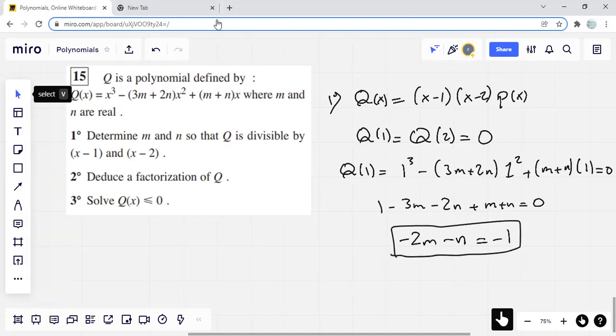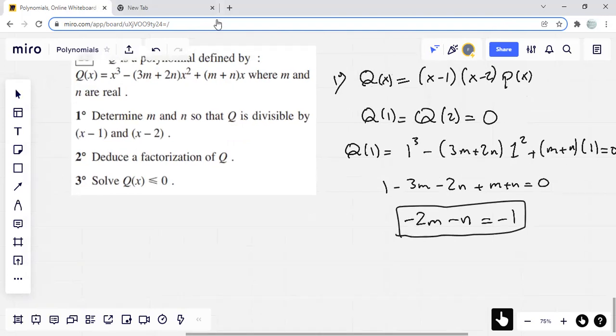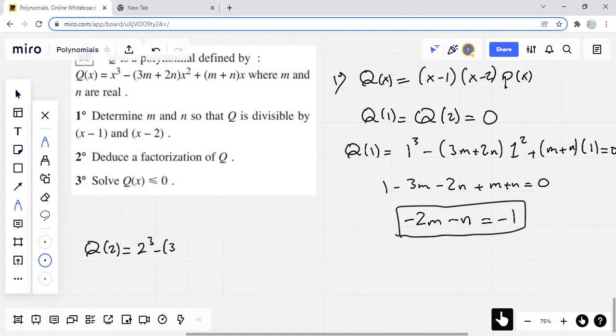Now for q of 2, we also have the same thing. Sorry for the noises. Q of 2 is equal to 2 cubed minus 3m plus 2n times 2 squared plus m plus n times 2.